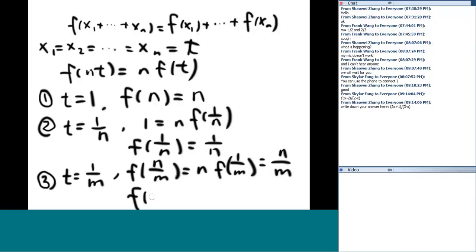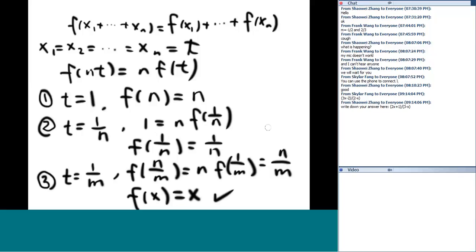Every rational maps to itself. Is that good? Okay, that's interesting. So f(x) equals x.